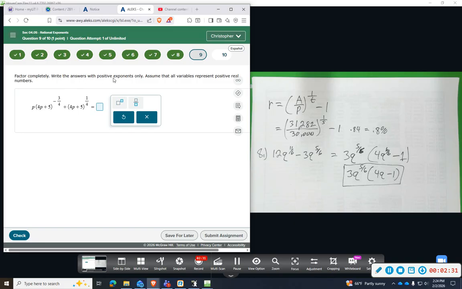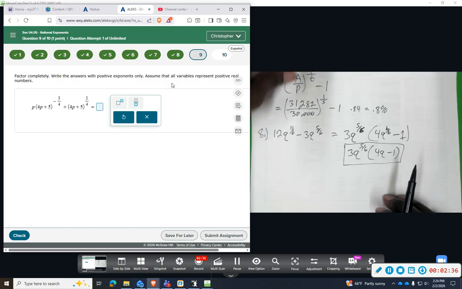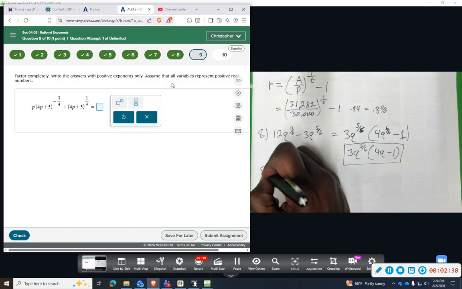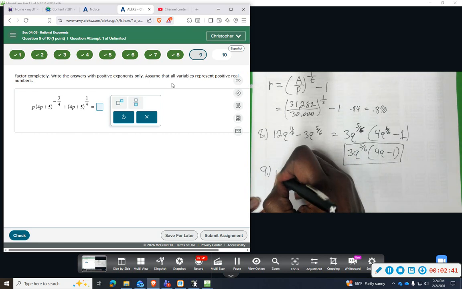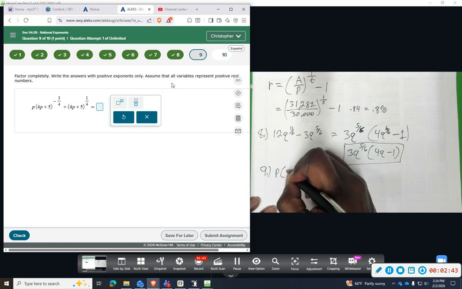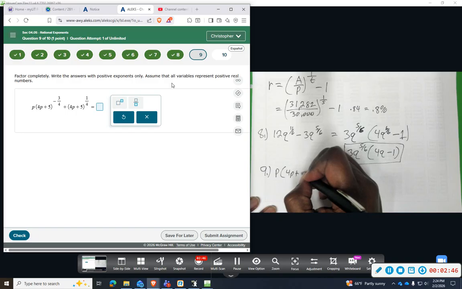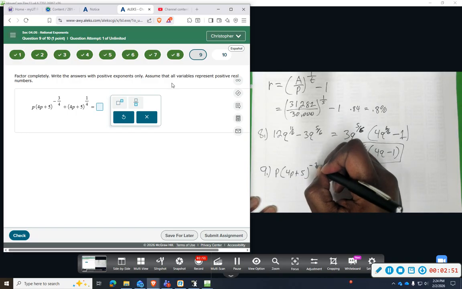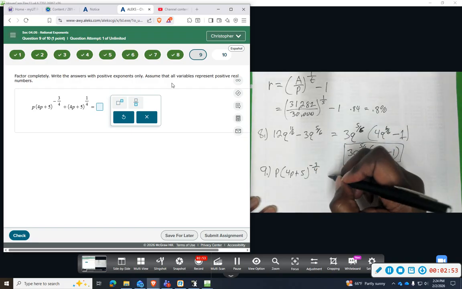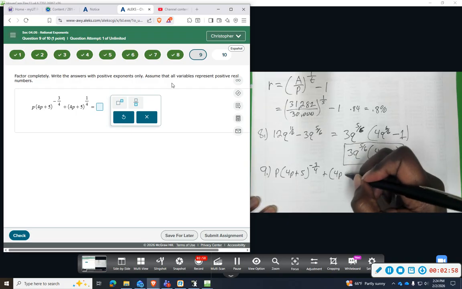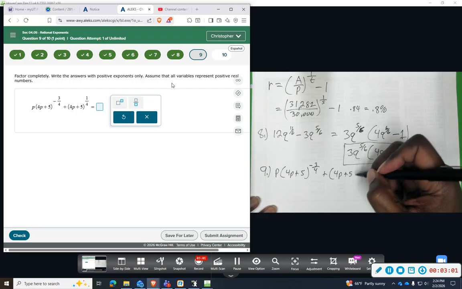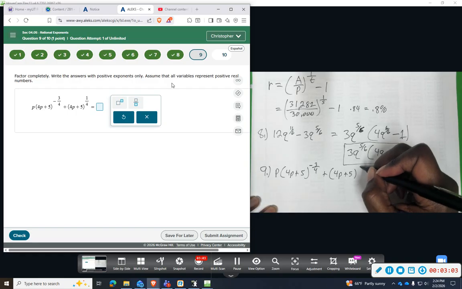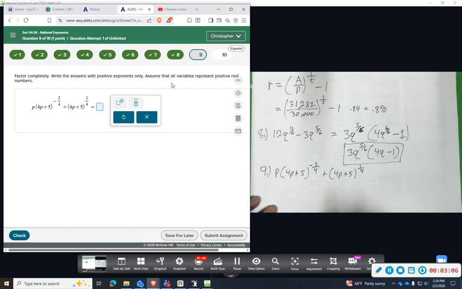This one we want to factor completely, positive exponents. We have p times the quantity 4p plus 5 raised to the negative 3/4 power, and then plus the quantity 4p plus 5 raised to the 1/4 power.